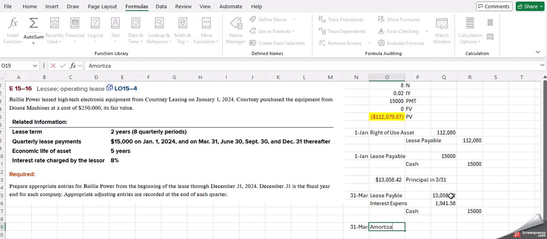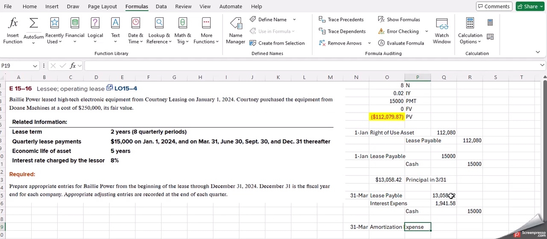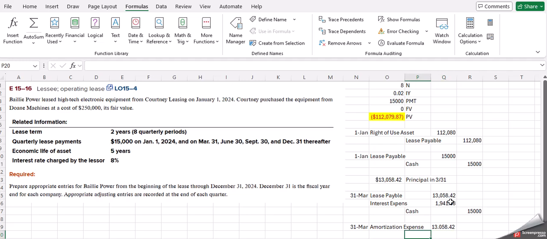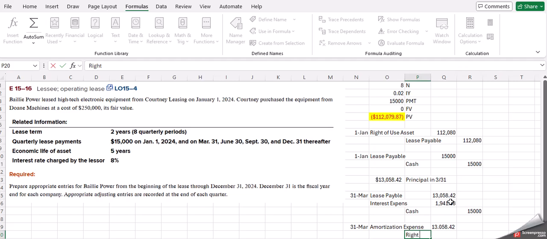So the amortization expense, how they have it calculated is that we would take the amount that goes to the lease payable, so it's the 13,058.42 that then we're charging off to expense, and then we're reducing our right of use.